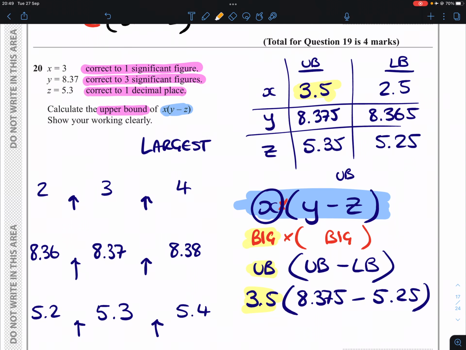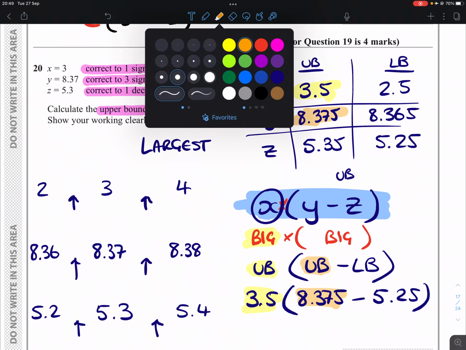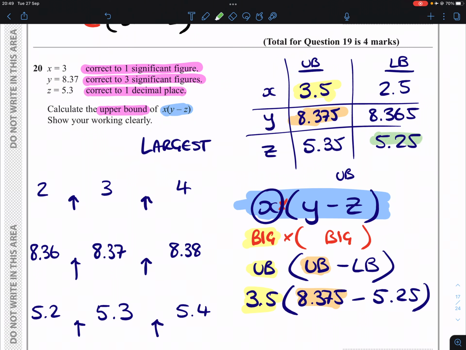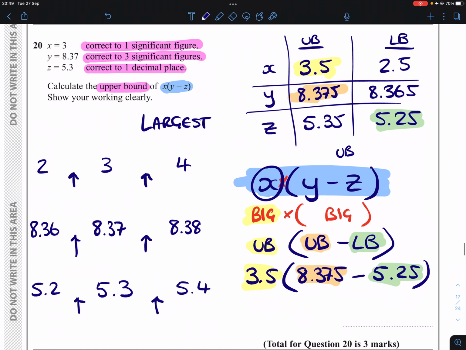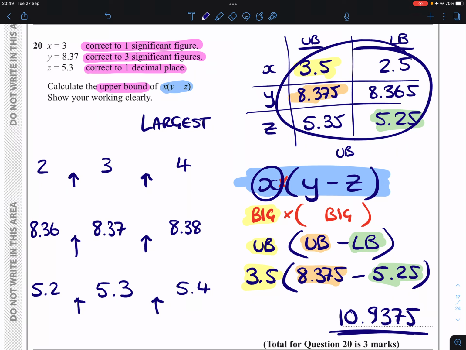We have our upper bound on the inside for y, subtract our lower bound for z, in order to make the answer from inside that bracket as large as possible. We type that into the calculator and we get 10.9375, which is the largest possible answer for combining any of these in this formula. Done.